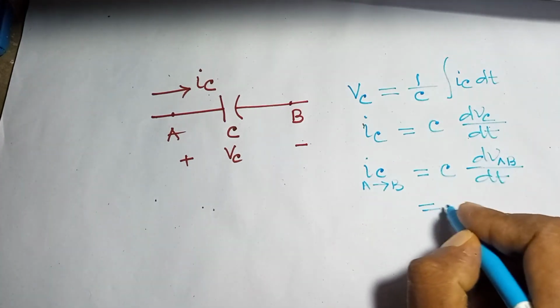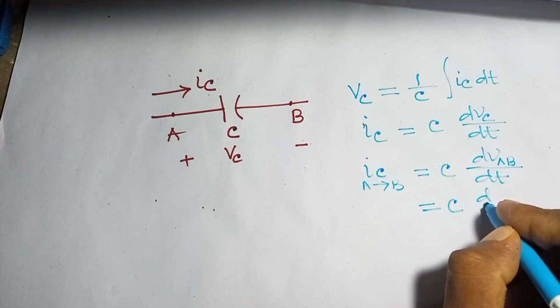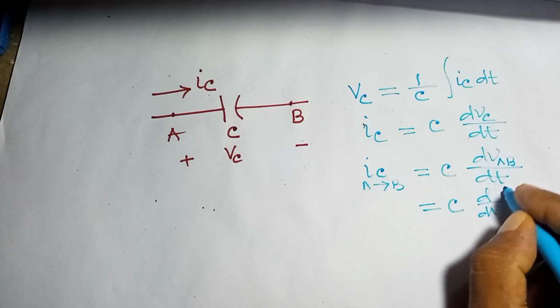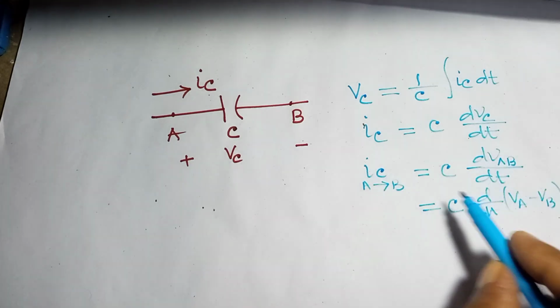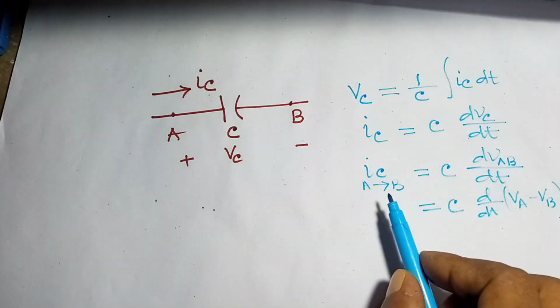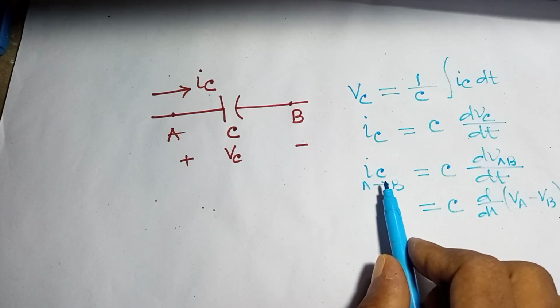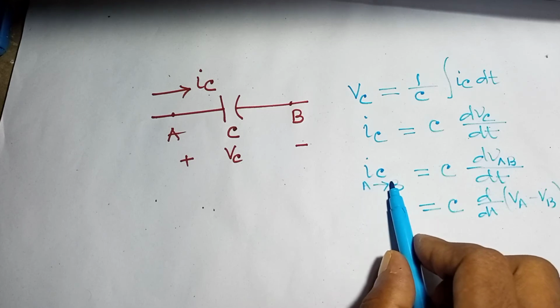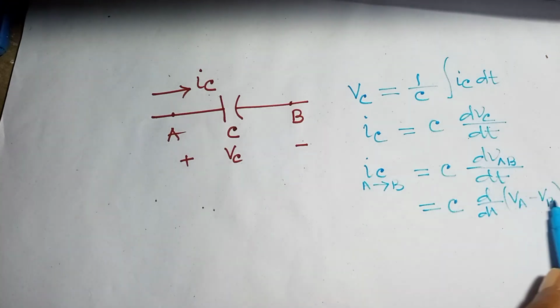Or this can also be written like this: C times d by dt of VA minus VB. So this is the point you have to keep in your mind: if you are trying to find out the value of the current which is flowing from A terminal to B, then you have to differentiate VA minus VB.